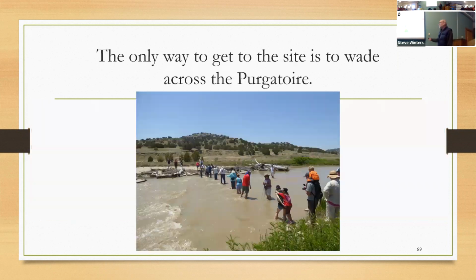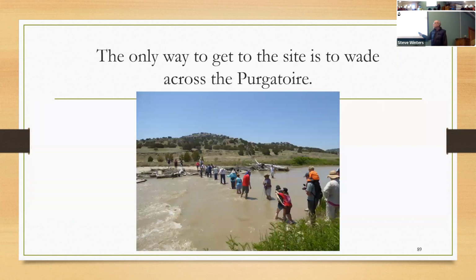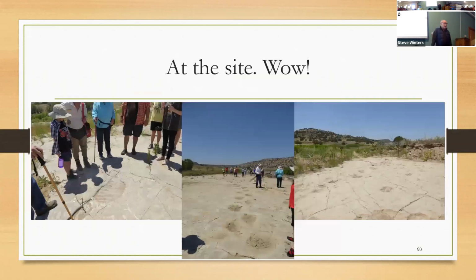And unfortunately, there's really no active conservation methods in place to save these prints. So over time, those erode away. It would take probably millions of dollars to put in some kind of stream diversion or remediation to save them. But right now, this is not even a national monument, it's just national grassland. But these are the longest tracks.